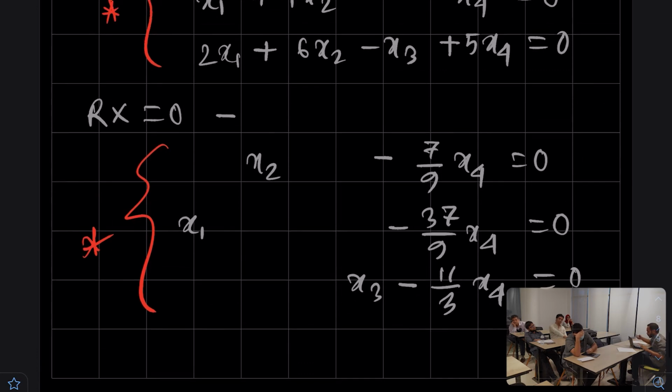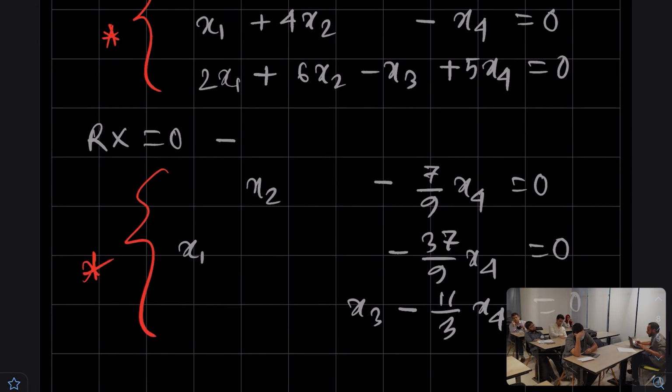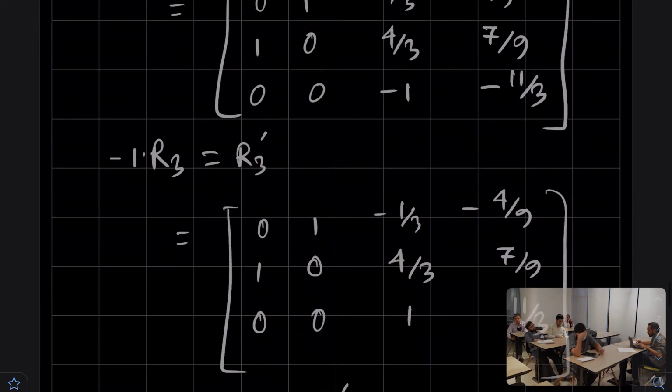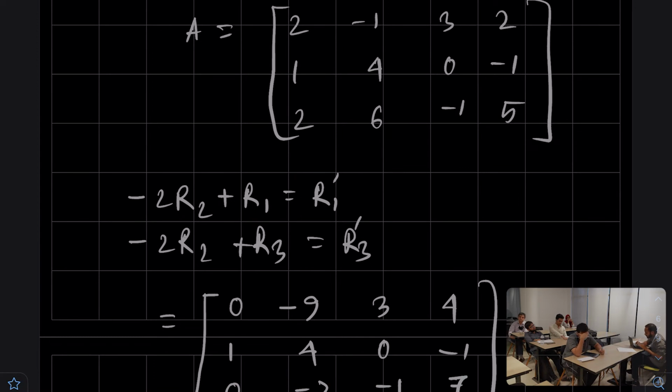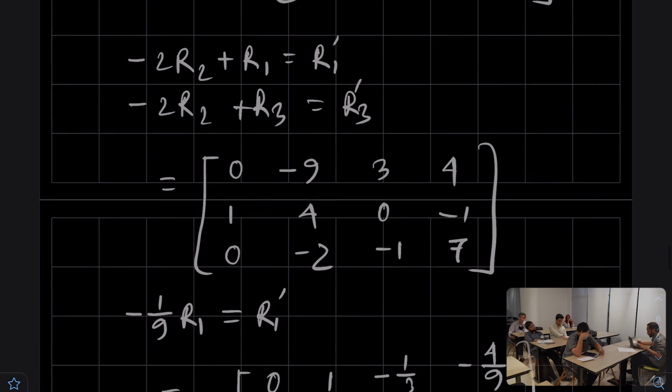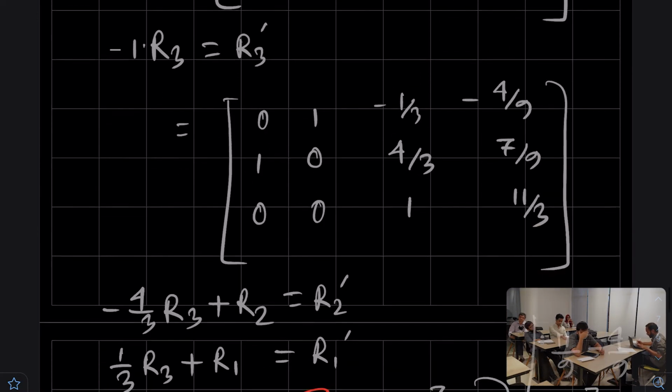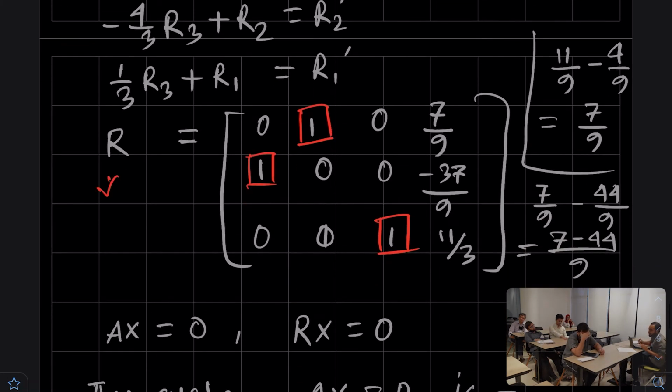But what sir was saying is, after applying some elementary row operations on this matrix, we are getting this matrix, right?